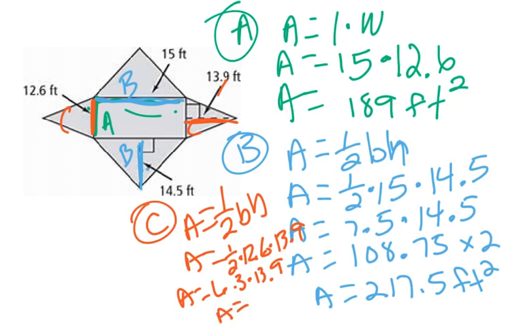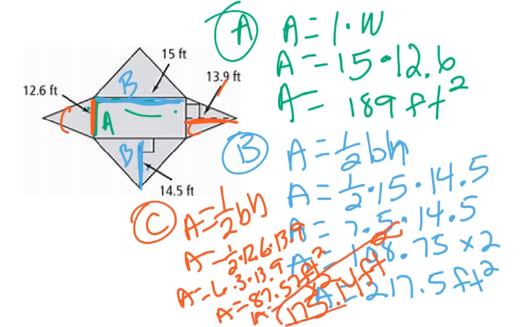Area is going to be 87.57 feet squared. Now I have two of those, so I need to multiply by 2, and I will get 175.14 feet squared.